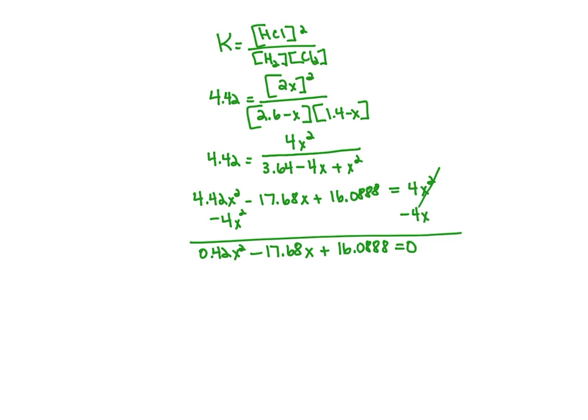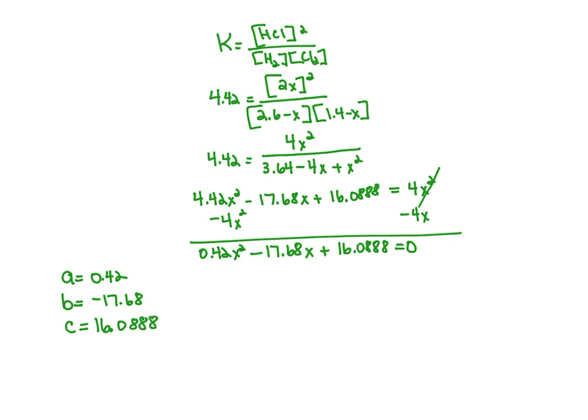Okay, so I have this in standard form, so I can tell you that my A is going to equal 0.42. My B is going to equal negative 17.68, and my C is going to equal 16.088.